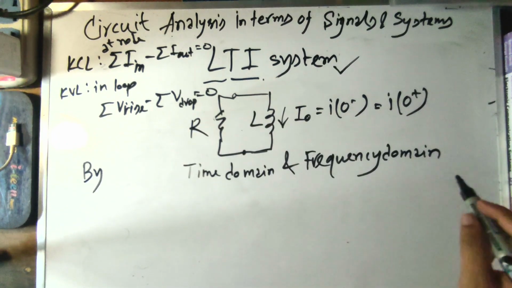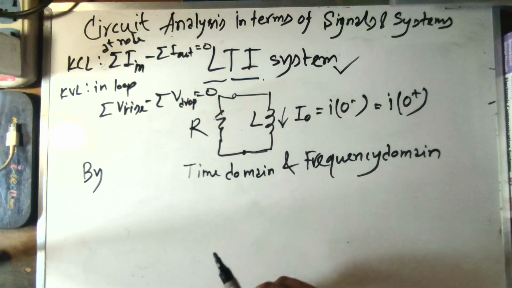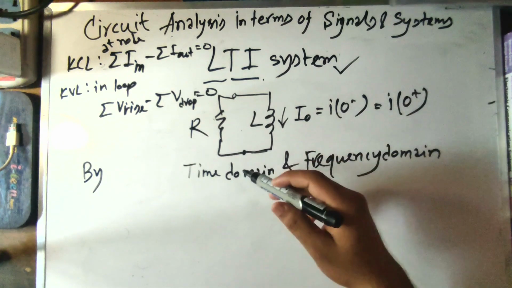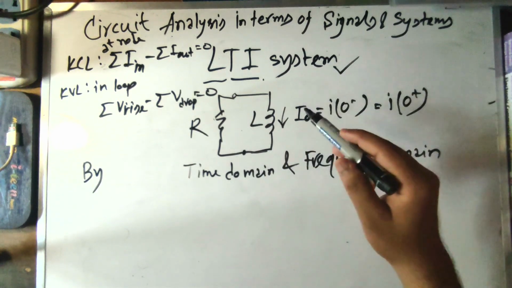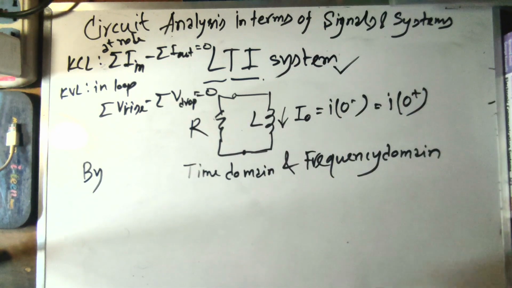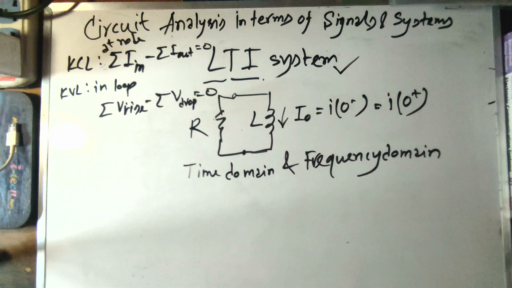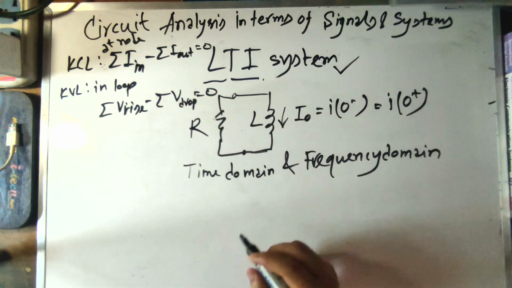Circuit analysis will be done by two methods, time domain and frequency domain analysis, by considering the circuit as a system, which is an LTI system. Now we will use the KVL rule to get the circuit response.